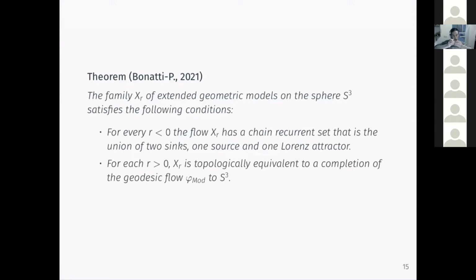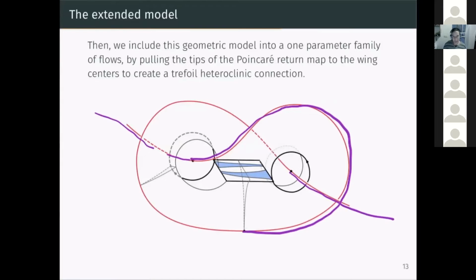And then for R greater than 0, after we connect the tips of the triangles to the new singular points, we have a flow that is topologically equivalent to the geodesic flow off this trefoil. So whenever I have this invariant trefoil, I can consider the flow on the trefoil complement.